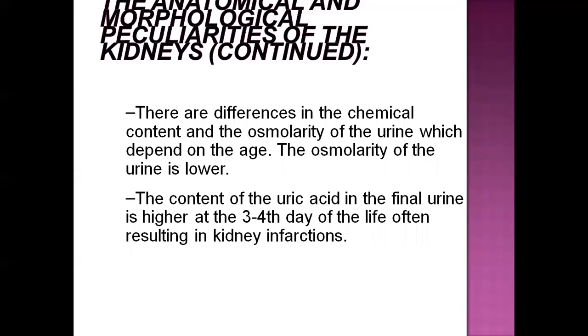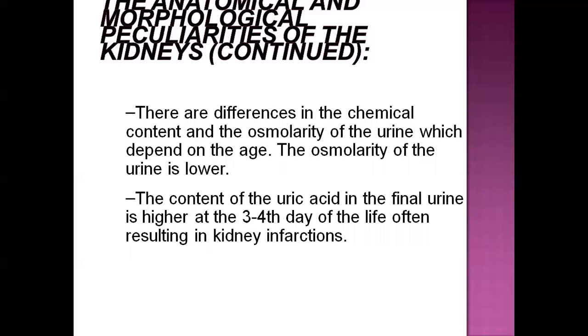The osmolarity of the urine is lower. The content of uric acid in the final urine is higher at the 3rd to 4th day of life, often resulting in kidney infarctions.